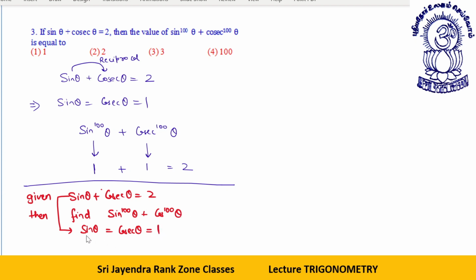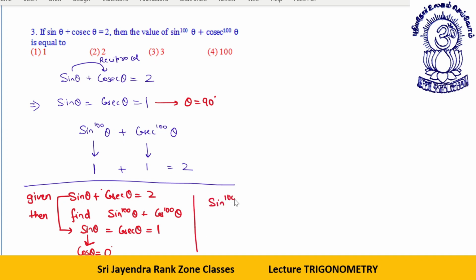Now, if the sine theta is equal to 1, what does it mean? It means cos theta will be 0. When is sine theta 1? Sine theta is 1 means theta is equal to 90 degree. Okay, when this theta is 90, so cos theta will be 0. So now what will happen?